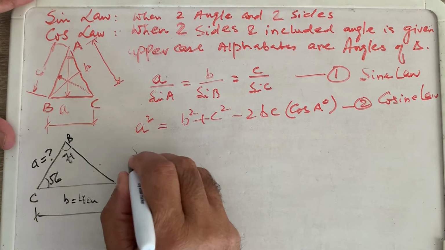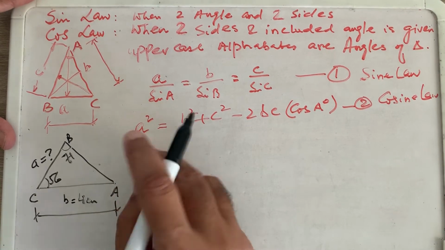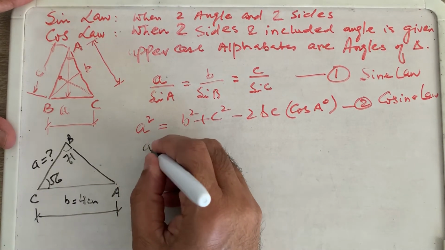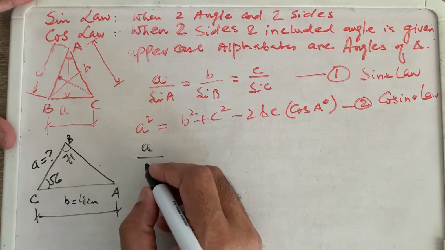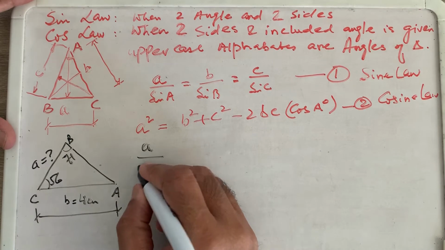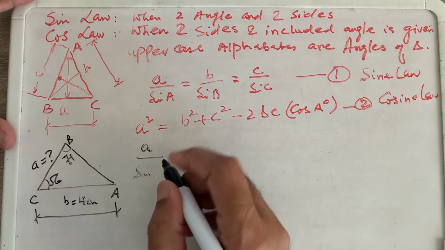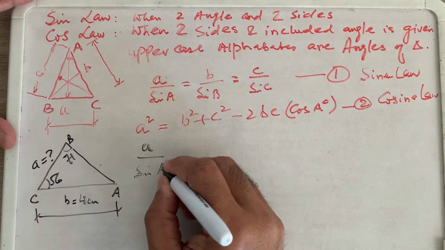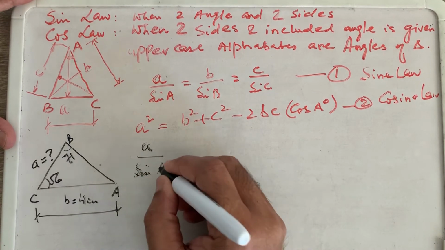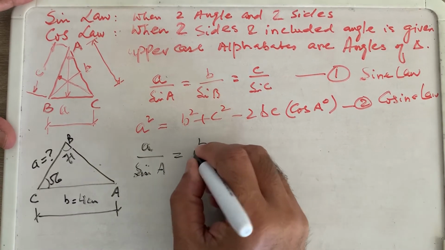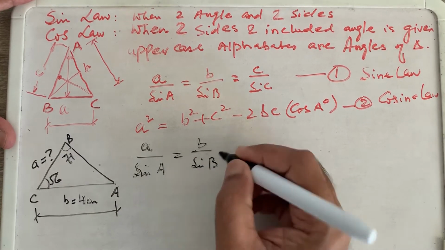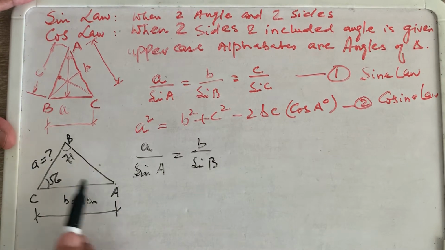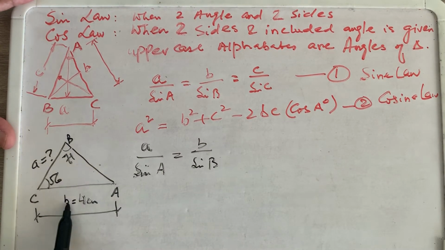What is sine law? Sine law says a over sine A is equal to b over sine B. This is the law.